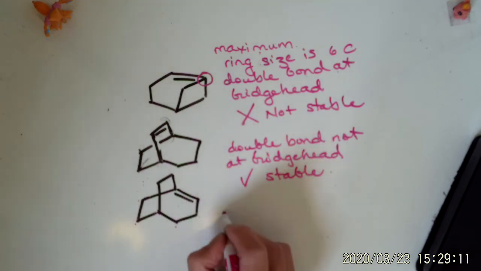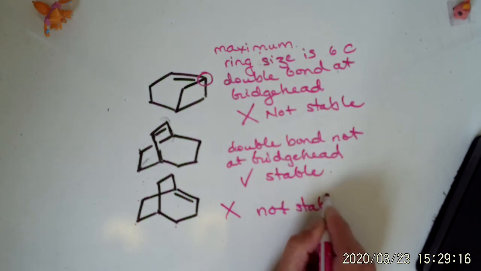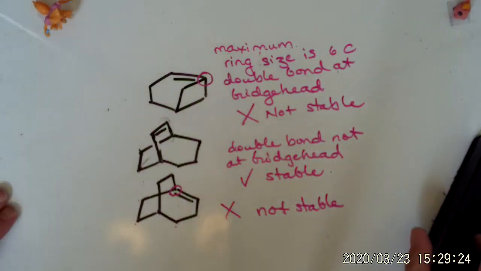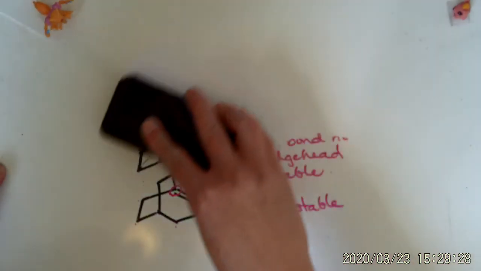So basically, not stable. Again, the bridgehead carbon, but like the first one, it's not 8 carbons or more. All right? So, let's talk about a couple of other things about physical properties of alkenes, and then we'll move on to how to make them. And that'll be a review for you.